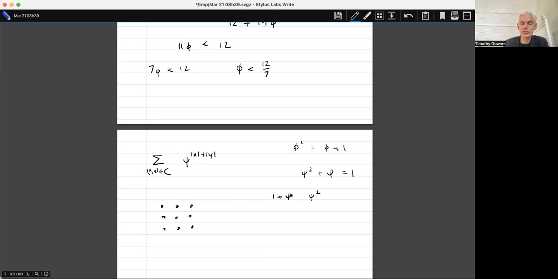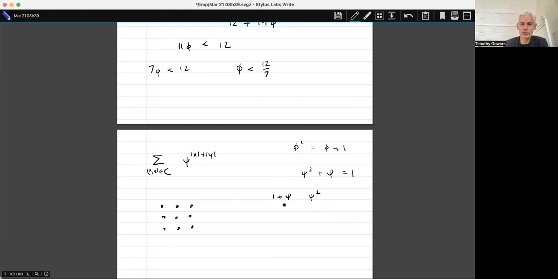That is changing things. But if I go inwards, then I'm replacing psi squared plus psi by 1. So if I go inwards, things remain invariant, but if I go outwards, they don't.